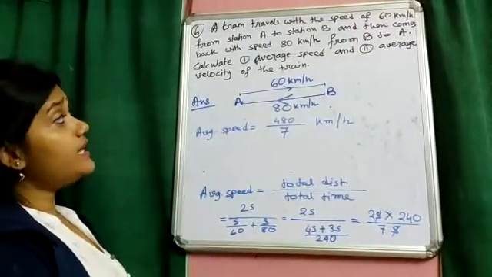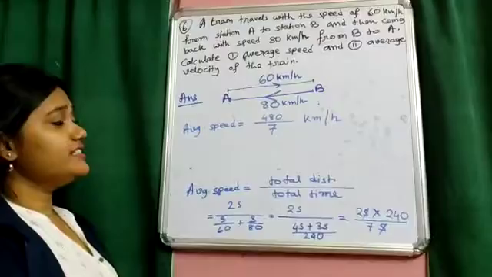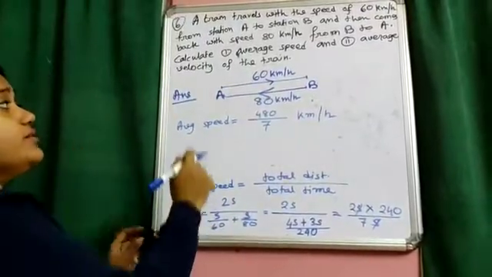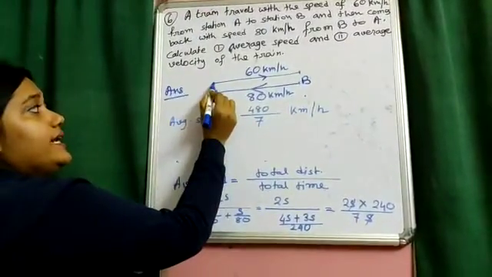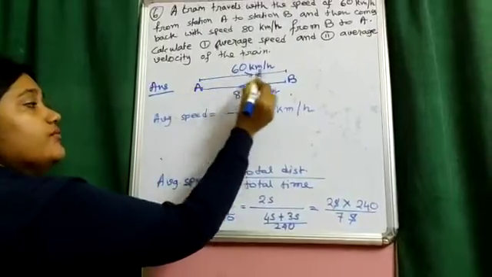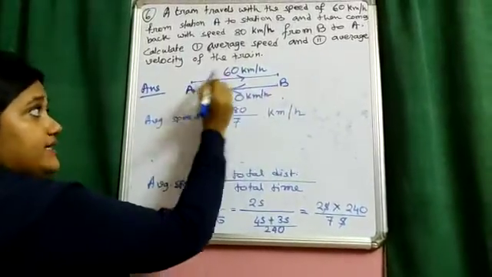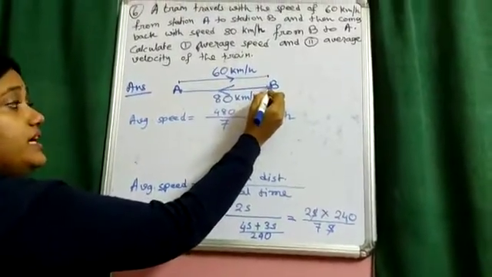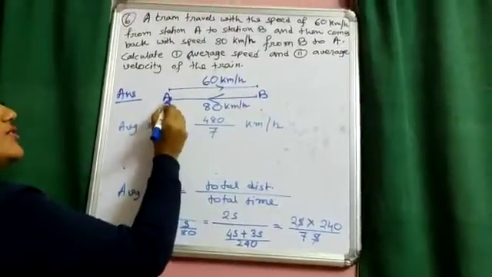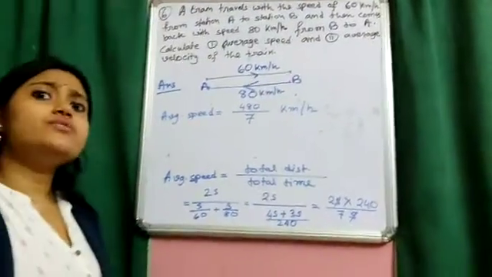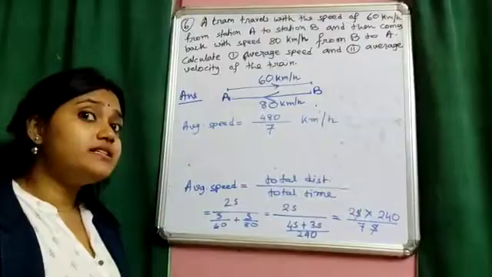Now, what about the average velocity? Now you check it. It started from A and reached B. Again, it came back to A. Now, what will be the total displacement?